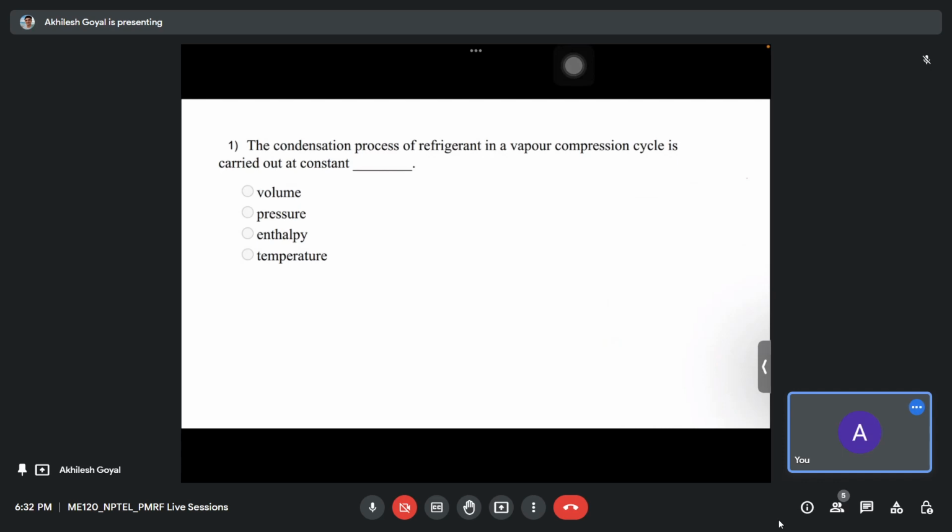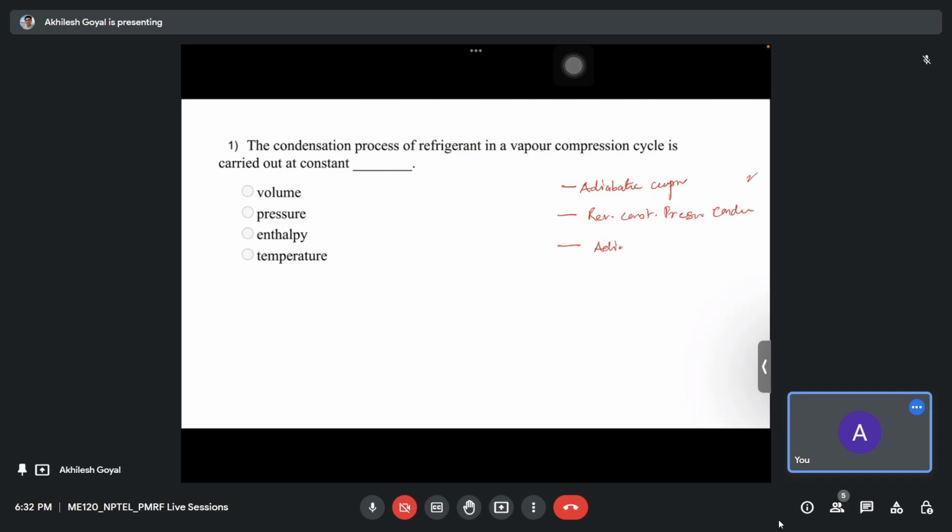So in the vapor compression cycle, we saw one was the adiabatic compression, the second was reversible constant pressure, right? Constant pressure condensation.